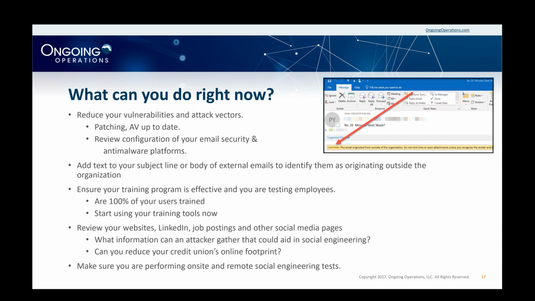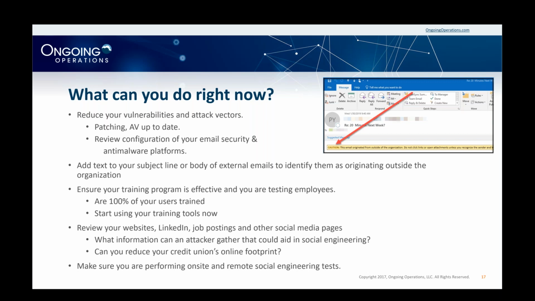The next bullet is actually a huge one that folks could do today, and that's add text to your subject line or body of external emails to identify them as originating outside. This is extremely relevant because most phishing emails are coming from outside your organization, and if someone sends you an email that looks like an internal communication and it's got a huge external sign in the subject line or at the top of the email, your end user immediately knows, hey, this came from Susie in accounting, but it's external, right?